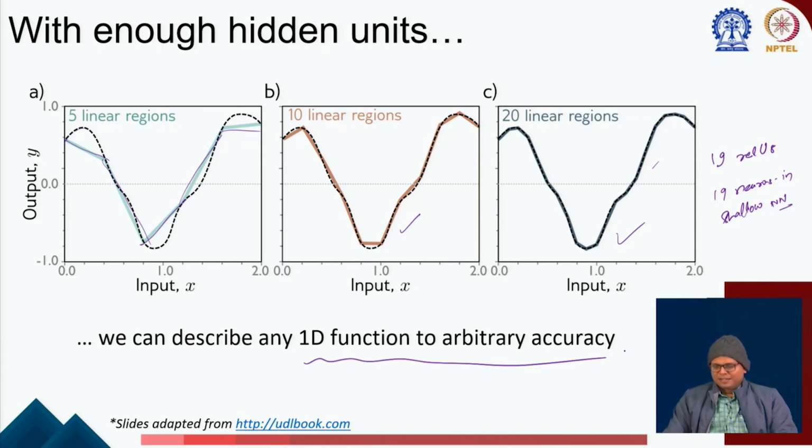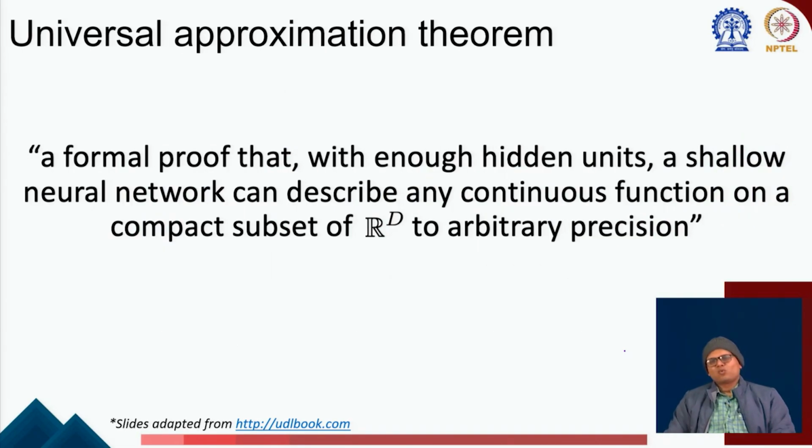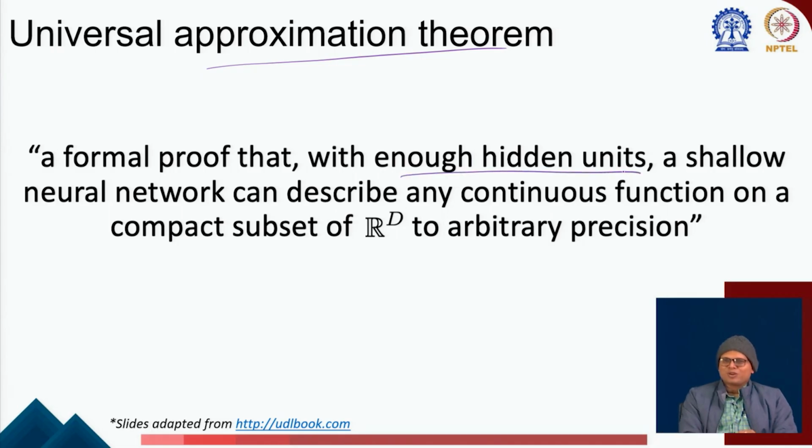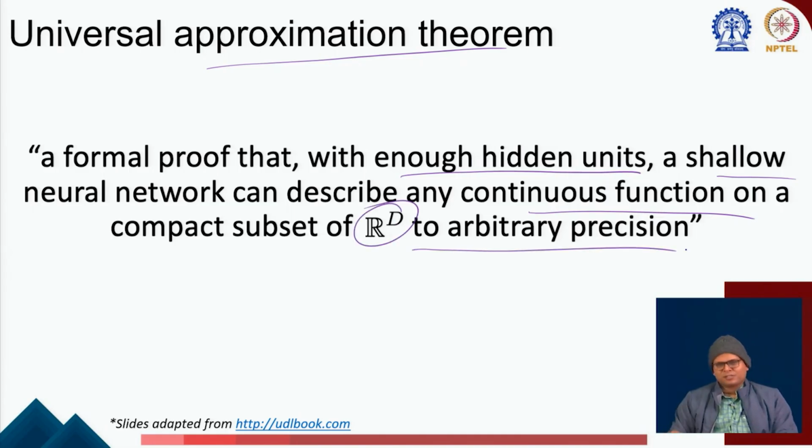You can actually describe any function to an arbitrary accuracy, and this is what is also mentioned in the universal approximation theorem, which gives you a formal proof that if you have enough hidden units, and we saw why that is important, a shallow neural network can describe any continuous function on a compact subset of some d-dimensional data to an arbitrary precision, right.